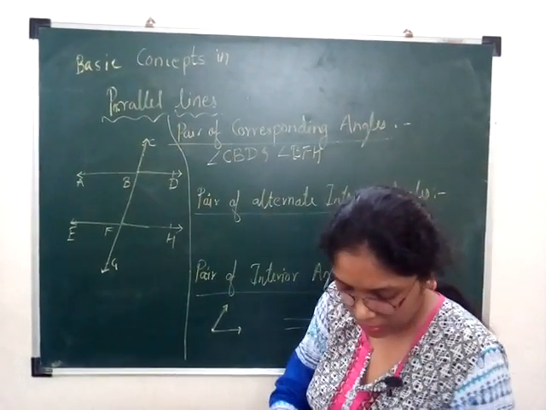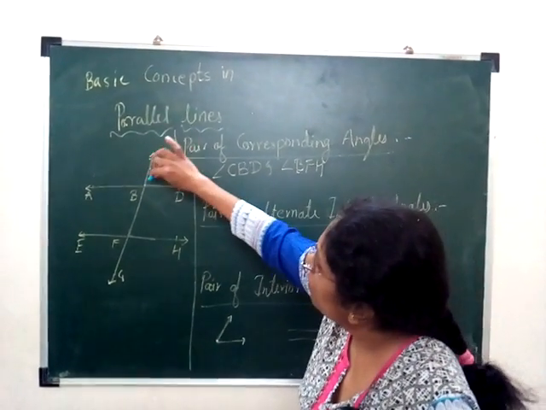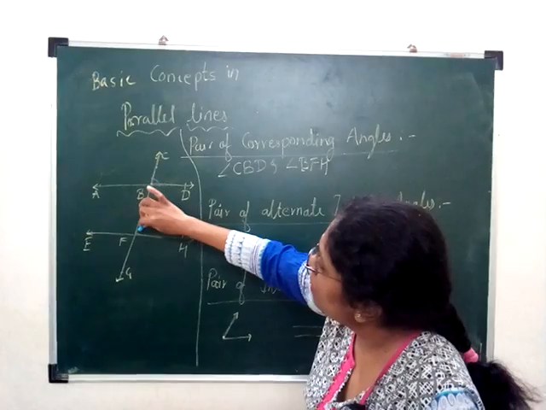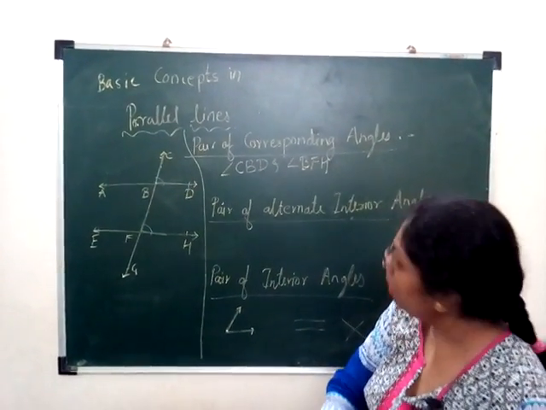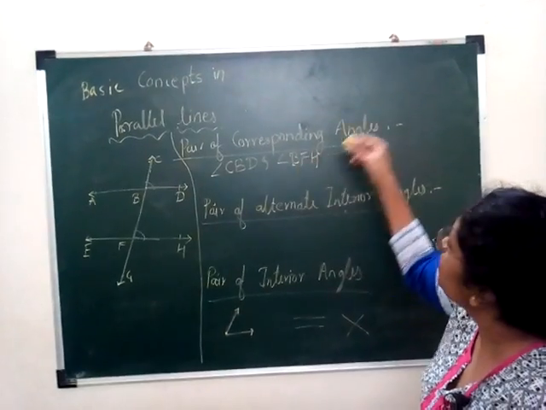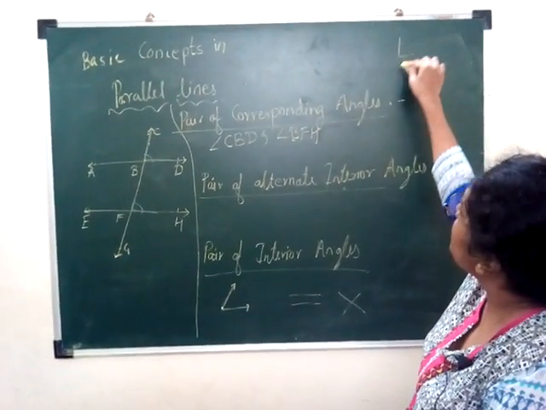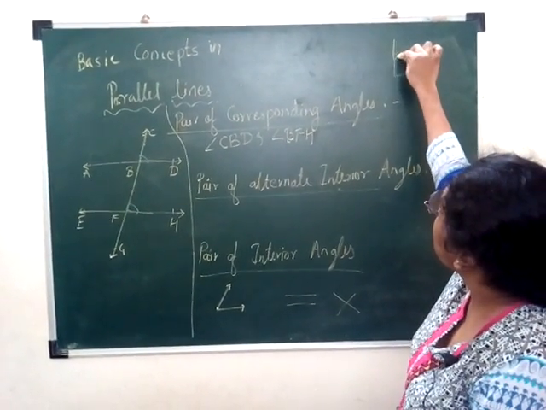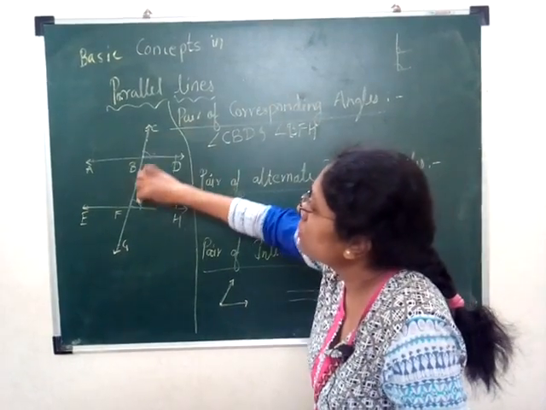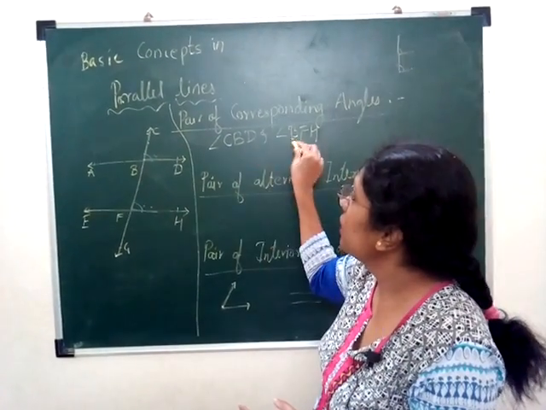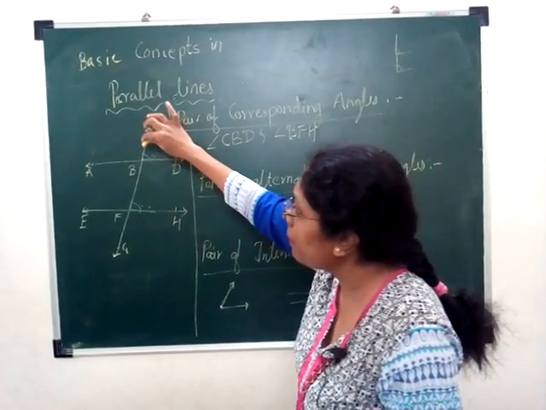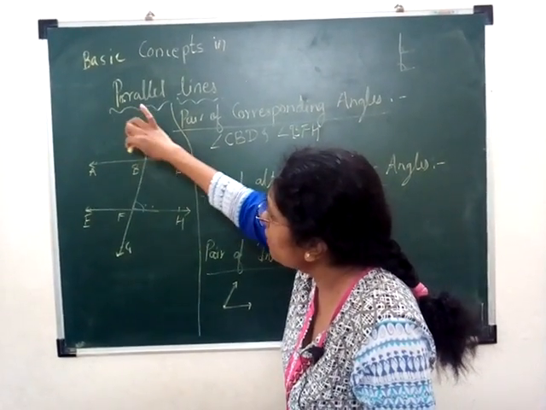CBD, particularly this one at the top, and this one. So whenever we talk about corresponding angles, they are like this and like this. These are called the corresponding angles. This is one pair.